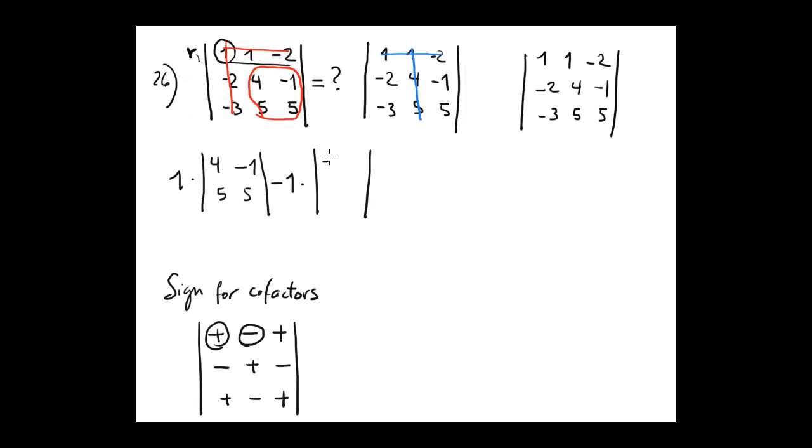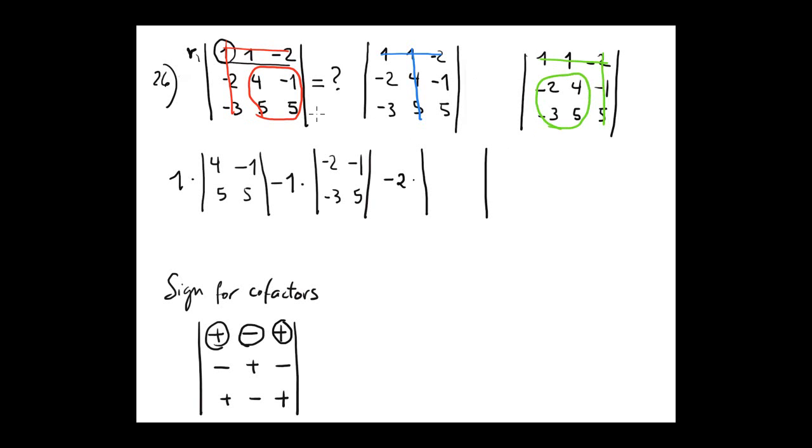It is negative 2, negative 1, negative 3, and 5. Now the other sign is plus, plus negative 2 because it's the next entry, times the new determinant formed when you delete row 1 and column 3, which is this.